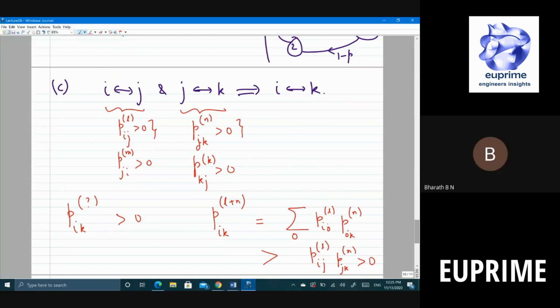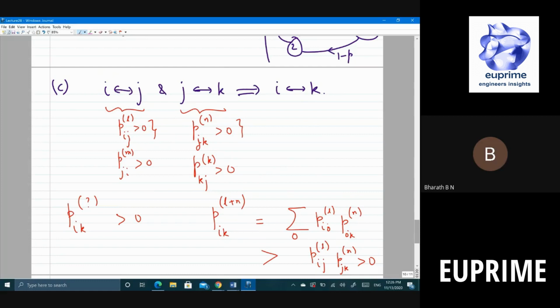But what I'm saying is there is some finite number of steps using which you can reach that state. That's all I'm trying to say. I'm not saying a lesser number of steps is impossible. In fact, you can go to the other state in one step only. We don't know. Is that fine? Yes, sir.